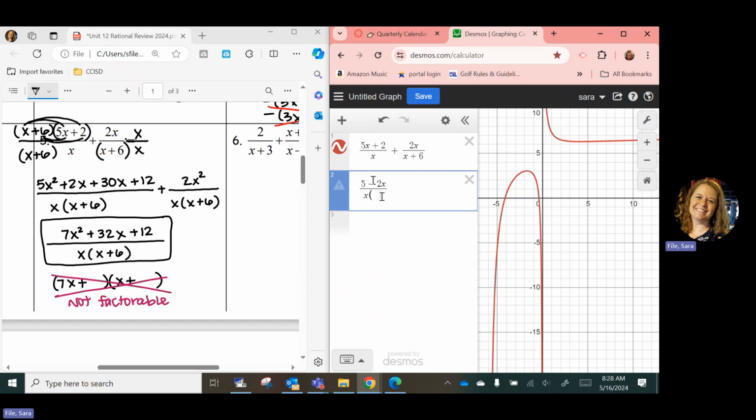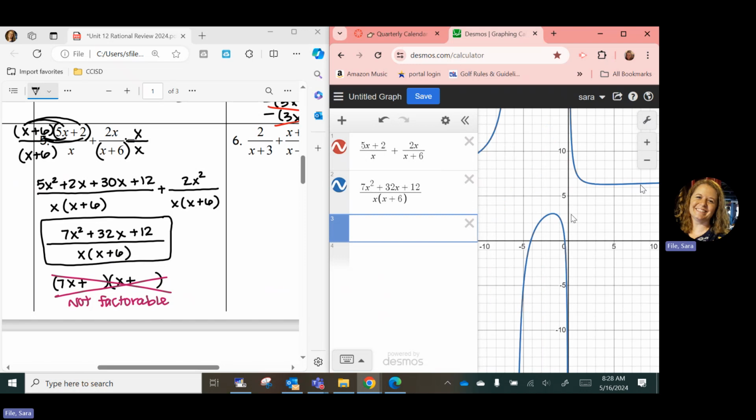And then type in what you got. x times x plus 6 in the denominator, and 7x squared plus 32x plus 12 in the numerator. So type in the way that it was originally given to you and what you got, and those graphs should be identical. And if you turn this one on and off, you can see it is.